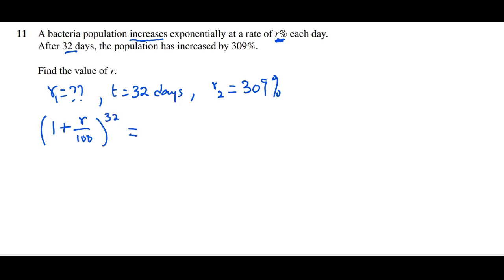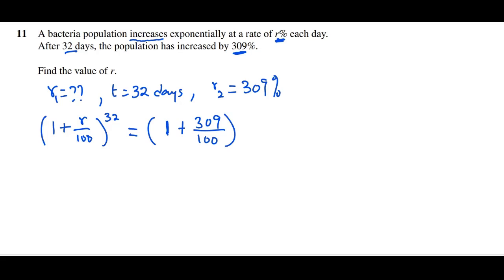And then after this, we discover that the entire population after 32 days has experienced a 309% increase. So this is the same as this. All right, so this right-hand side multiplier happens after 32 days.